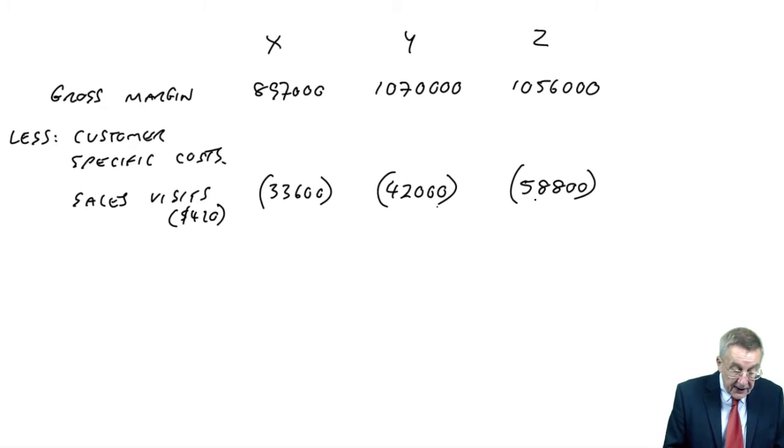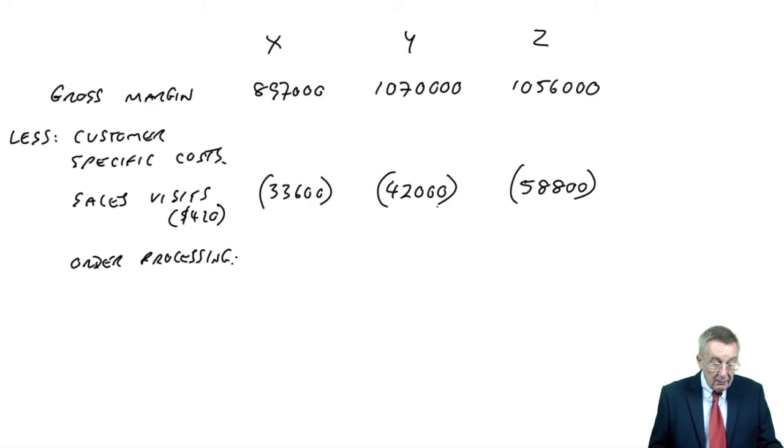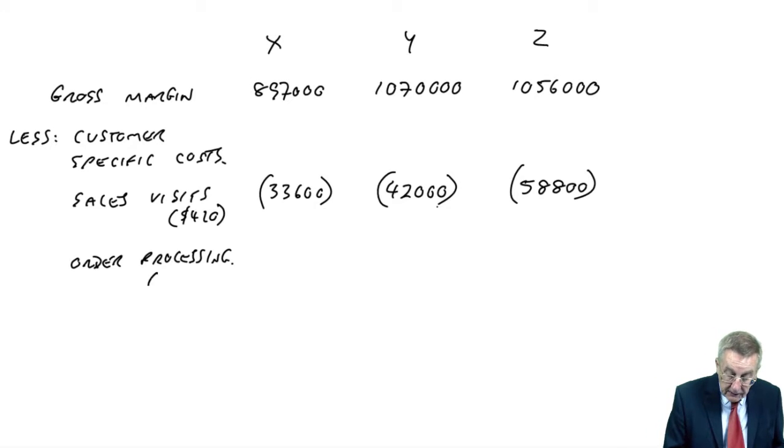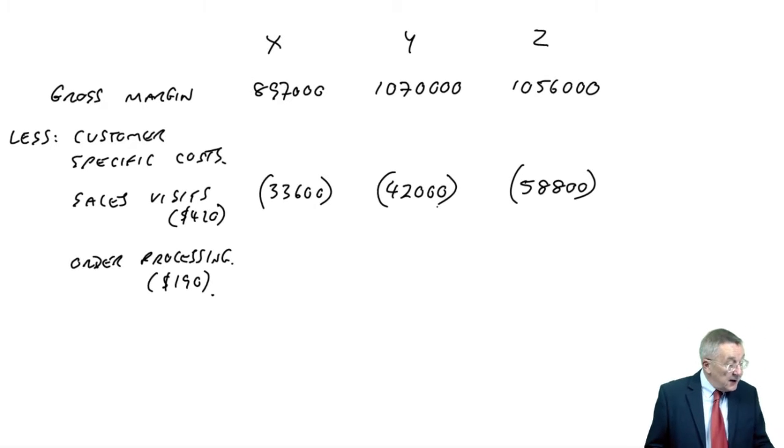What about order processing? Every order processed, we're charging at 190. How many orders are there?